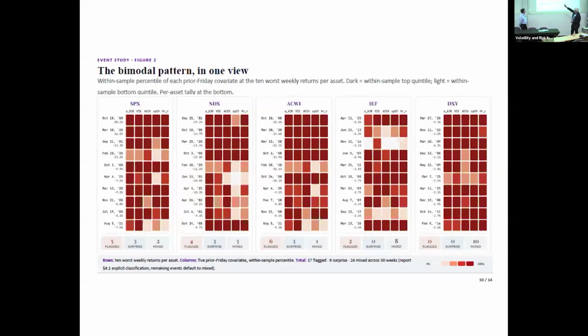And there are some weeks, like February 28th, 2020, where there are no deep red ones at all. And that's sort of 2 weeks before COVID hit. And really, we weren't paying much attention to it, I guess, or markets weren't.